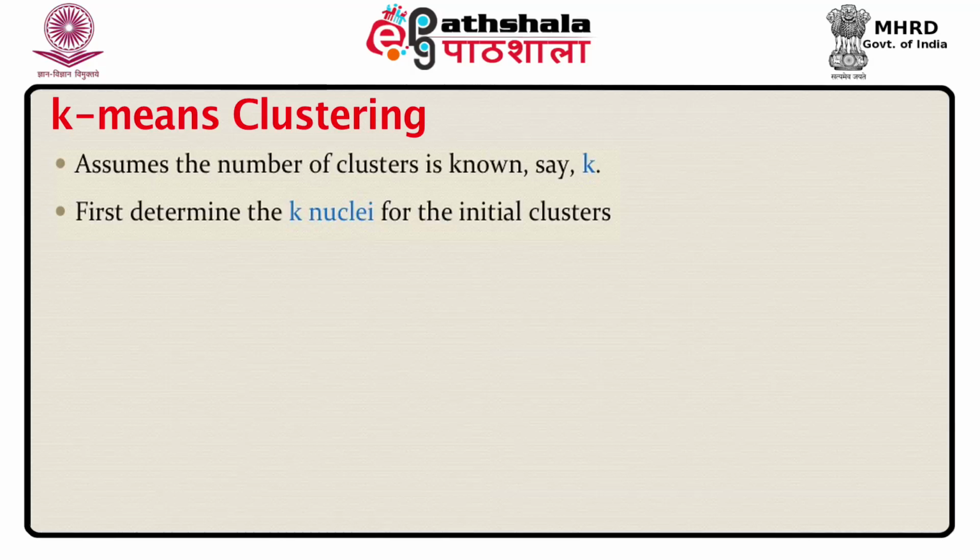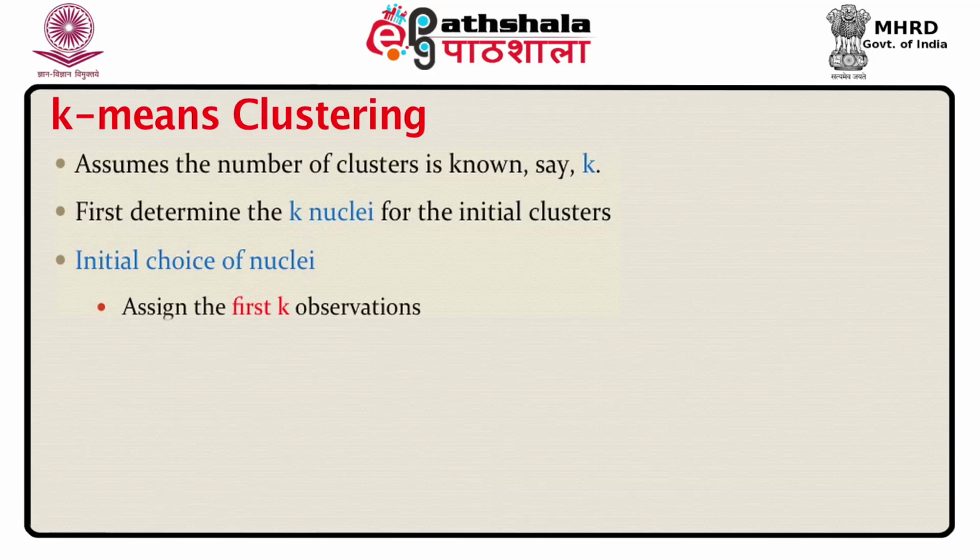So we first need to define these clusters. How do you define the clusters? We need to have a cluster center. We will call this the k nuclei of the initial clusters. Now how do you choose these k nuclei of the initial clusters? Suppose we have n observations or members who we need to cluster.